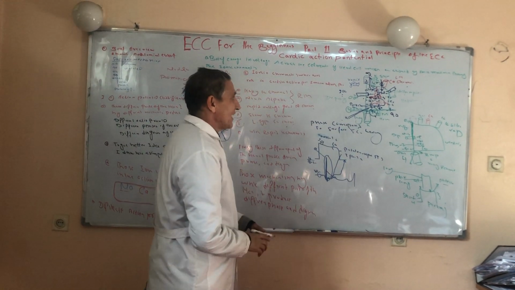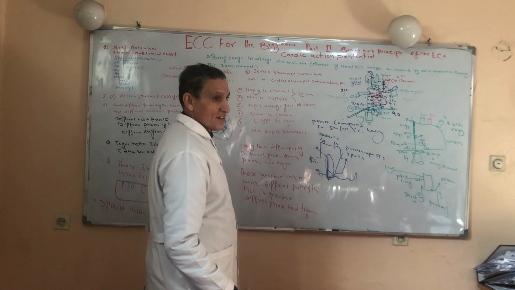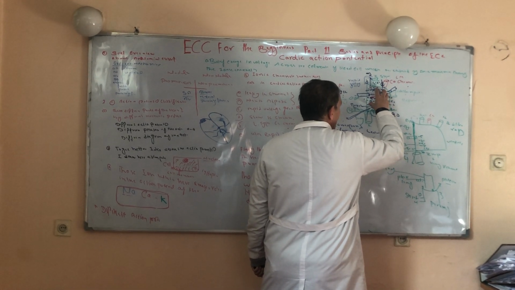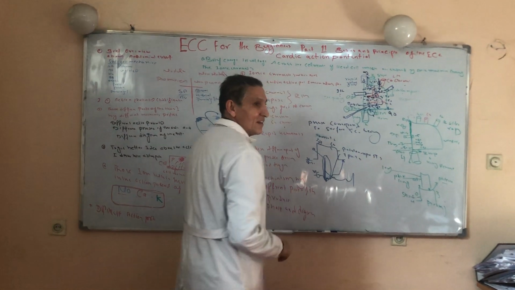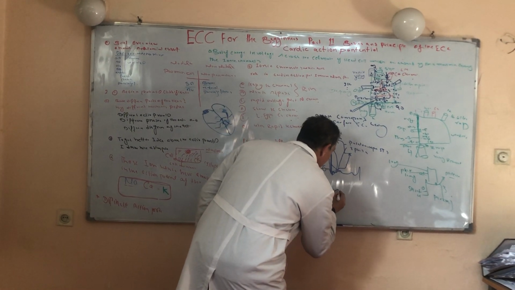Now, how should I correlate this action potential diagram to the surface ECG? For example, this is a surface ECG.